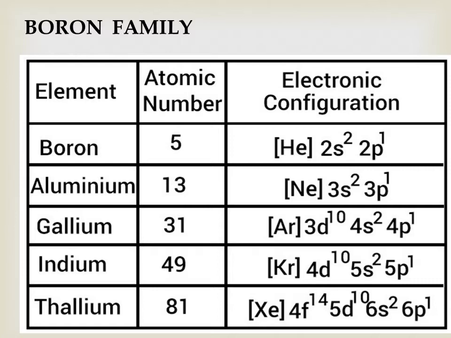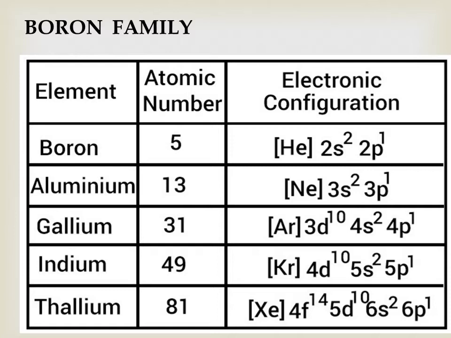Whenever we write the condensed electronic configuration, we write the noble gas preceding the particular element followed by the remaining electronic configuration.